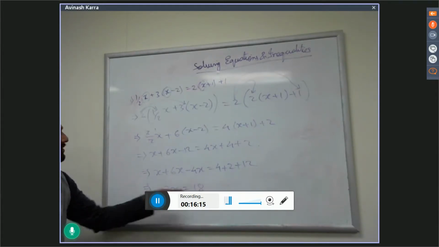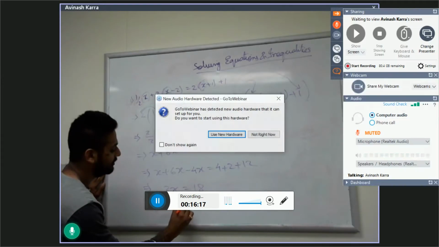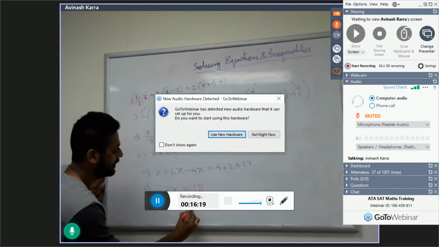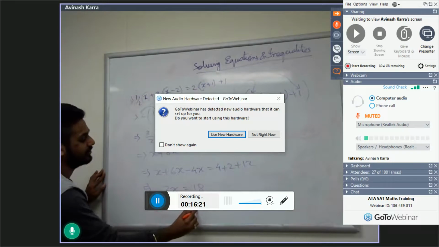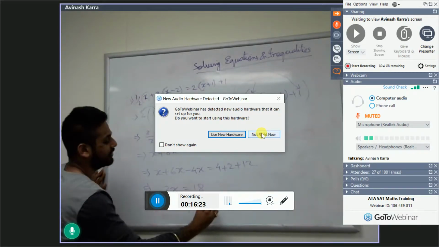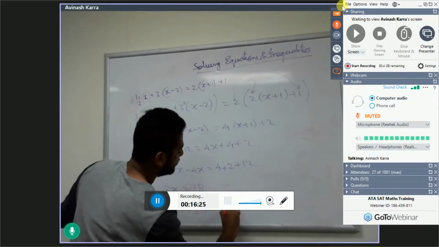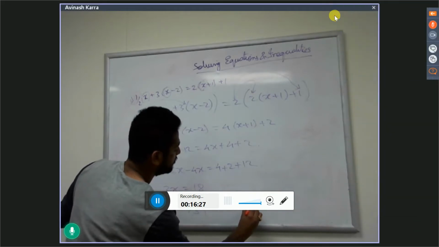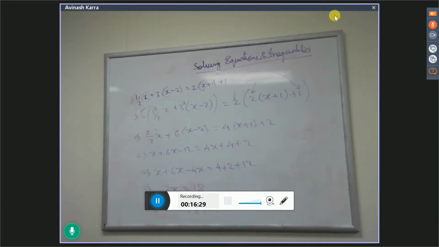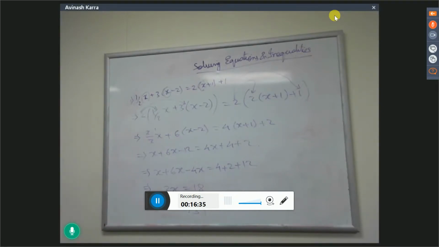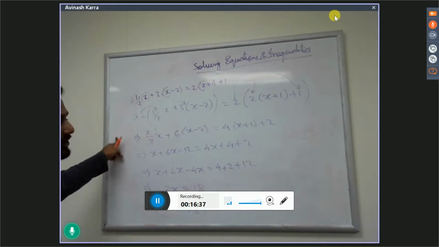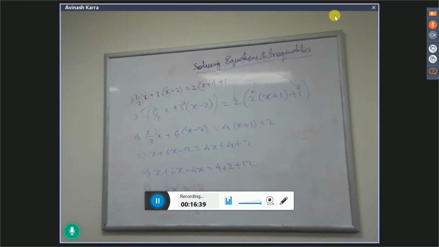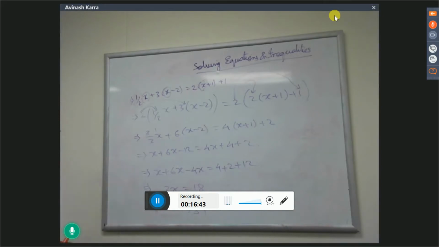When it goes to the RHS, it divides. 18 divided by 3, 3 sixes are 18, so 6. What is the value of x? x is equal to 6. These are simple equations. I hope you understood this, right? Does anyone have a doubt? No. That's good.